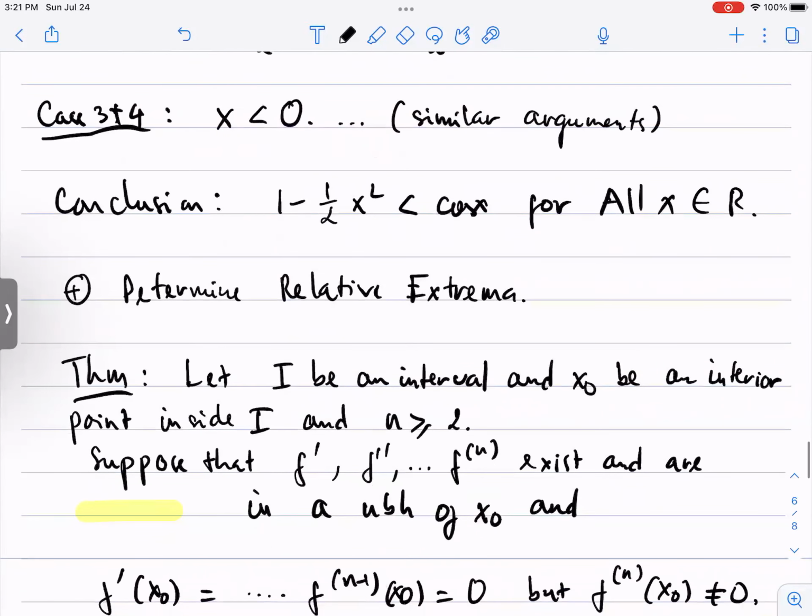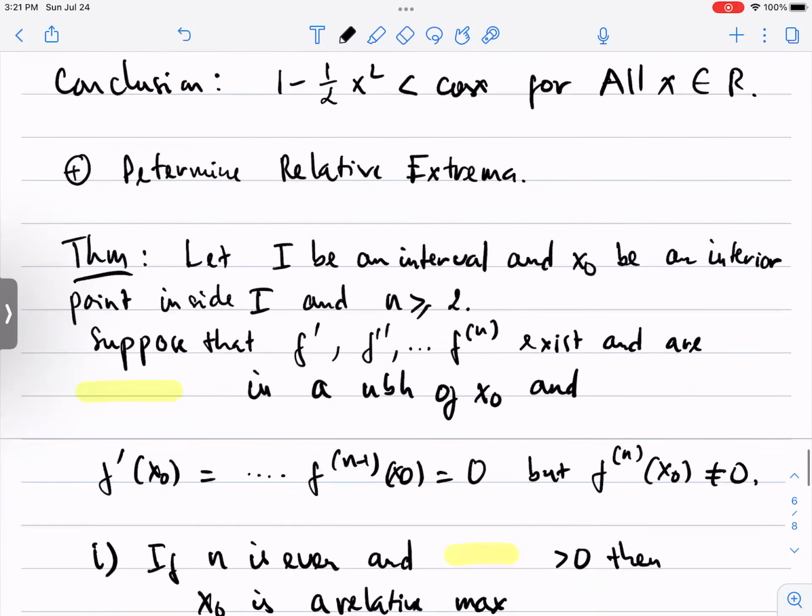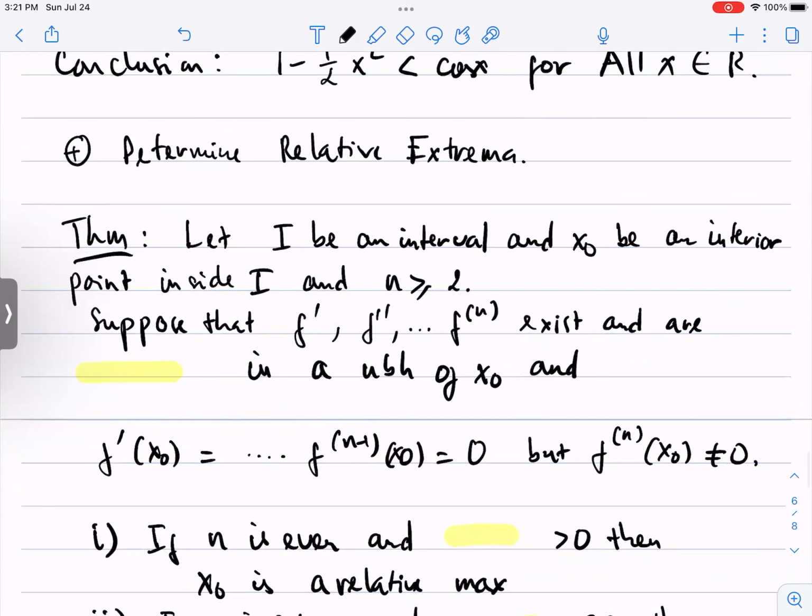In all cases, we arrive at the same conclusion, which is 1 minus 1 half x squared is smaller than cosine x. That's why this inequality is true for every real number x. So that is an example of how the Taylor theorem can be useful to prove some inequality.